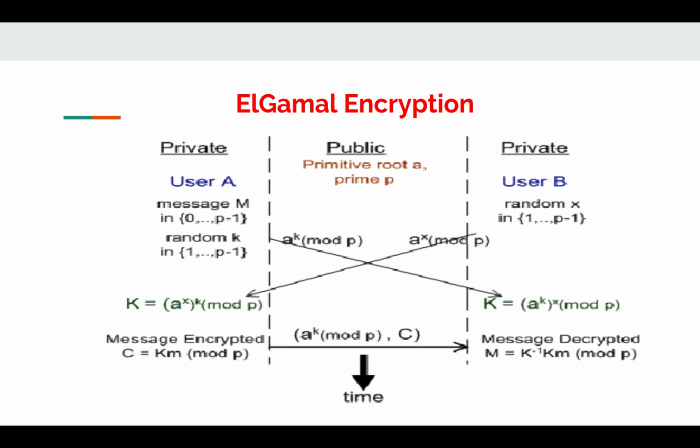But in ElGamal, you can basically encrypt. Once the public key is exchanged, they can add the message, encrypt it, and send it to user B. User B gets the same formula, like the brown color in Diffie-Hellman, and using that same formula he decrypts the message.